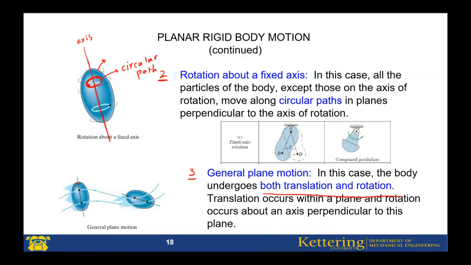For example, this one first translates, then it rotates, like this. Or it rotates first, then translates. This is called general plane motion.